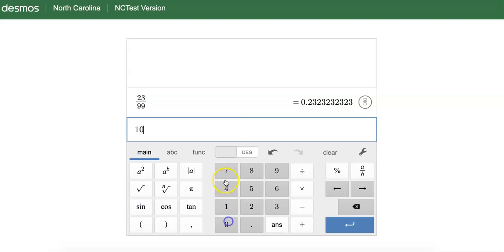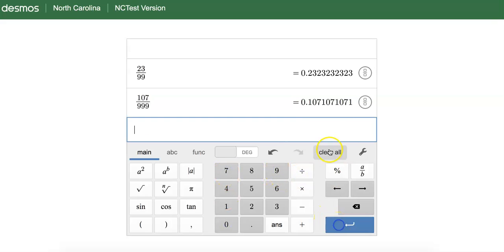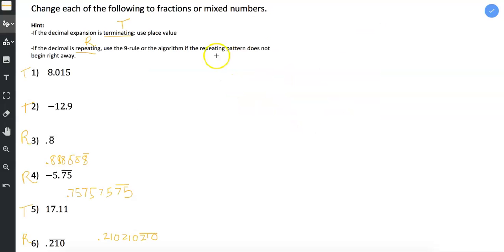Okay, let's try it with, I don't know, 107 over 999. Take a look. 107, 107, 107, 107. So we can take this pattern that we're seeing and go back to the problems we were looking at and use that knowledge to change our repeating decimals to fractions.